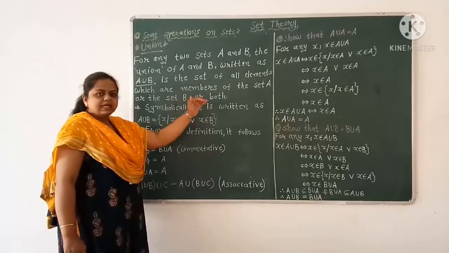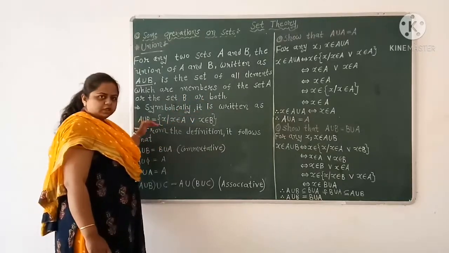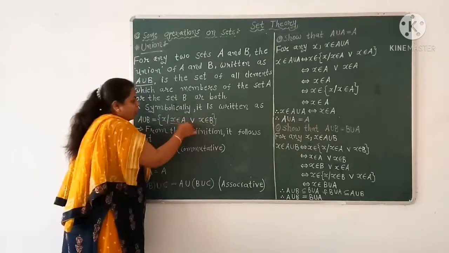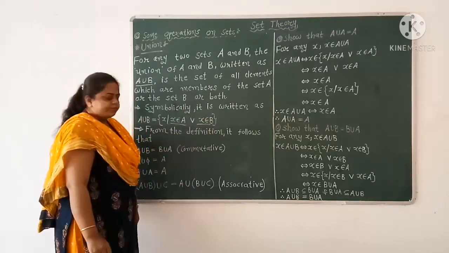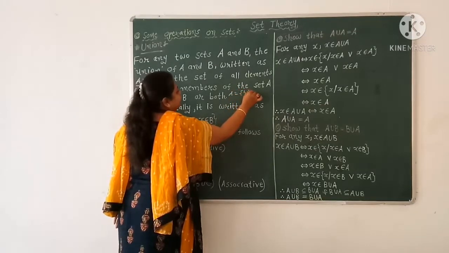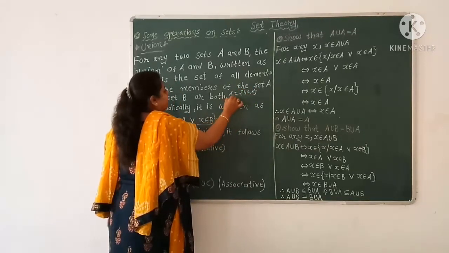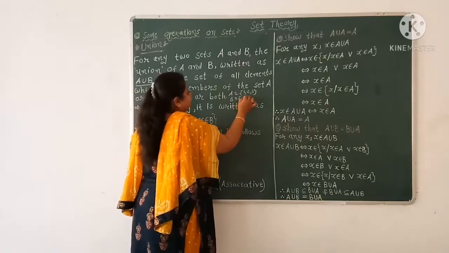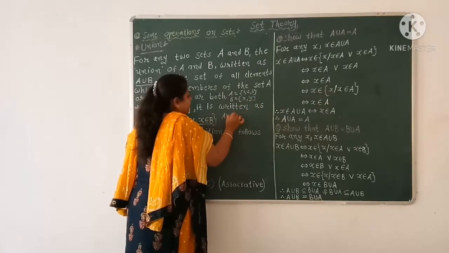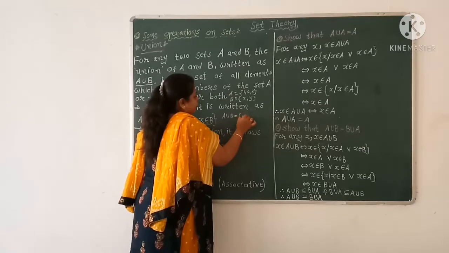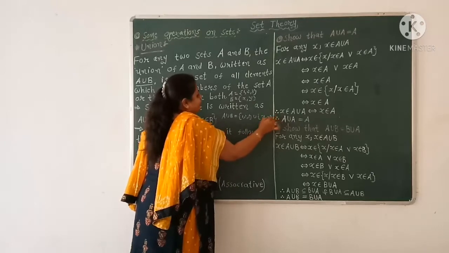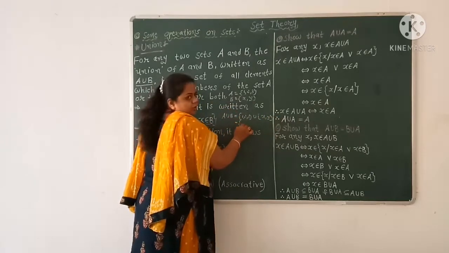Symbolically, it is written as A union B is equal to the set of x where x belongs to A or x belongs to B. So, if we have A equal to {1, 2, 3} and B equal to {x, 1}, then A union B is equal to {1, 2, 3} union {x, 1}.